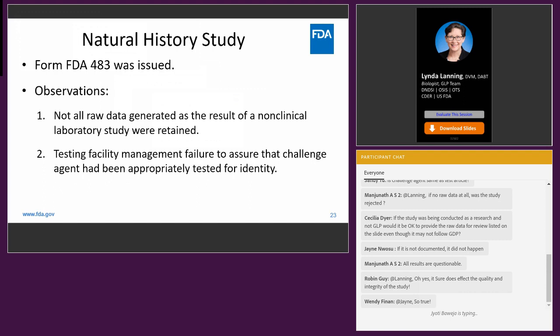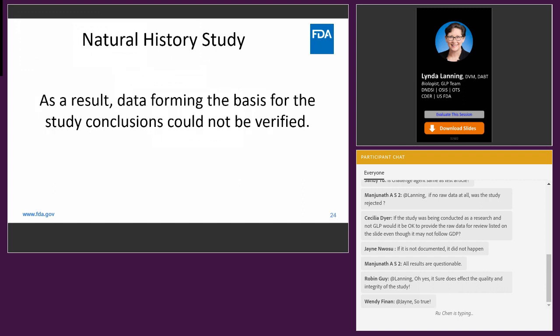The first observation was that not all raw data generated as the result of a non-clinical laboratory study were retained. And second, the testing facility management failed to assure that challenge agent had been appropriately tested for identity. And in summary, the data forming the basis for this natural history study's conclusions could not be verified.